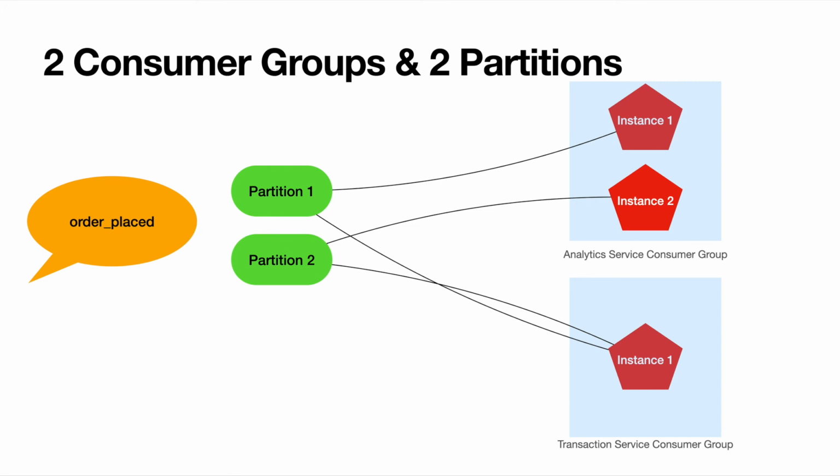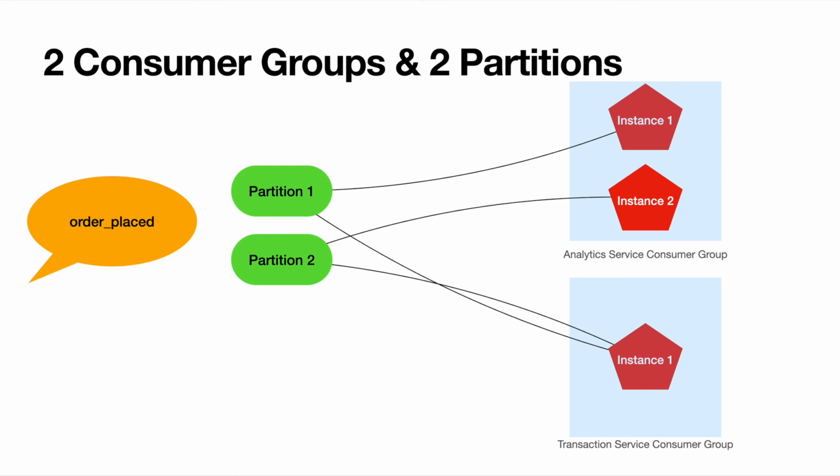The first consumer group, let's call it the analytics service, has 2 running instances. The other consumer group, let's call it the transaction service, has 1 running instance. So remember the rule, within a consumer group, 1 partition can only be read by 1 consumer.